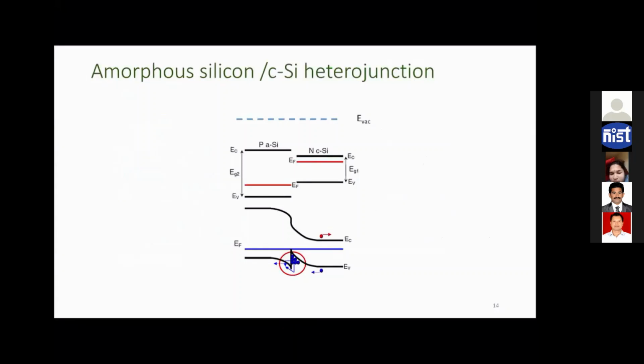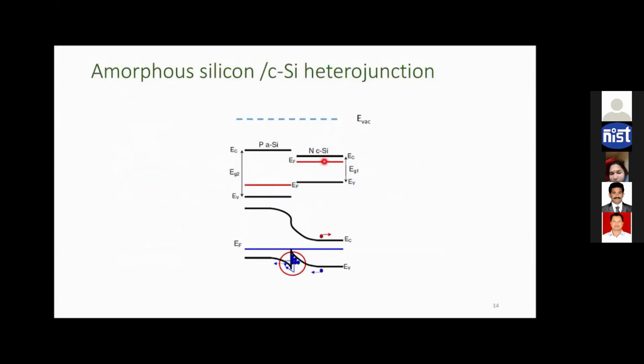Now let us see a more realistic picture of the P amorphous silicon and N crystalline silicon heterojunction interface. So clearly, this N crystalline silicon has a work function that is much less than the work function of your P-type amorphous silicon.